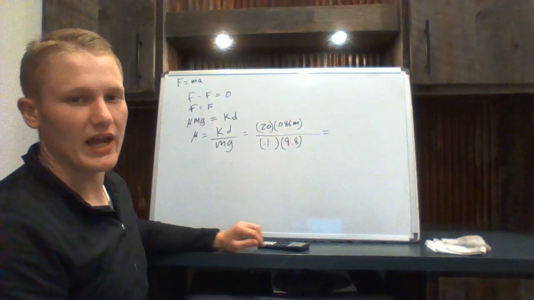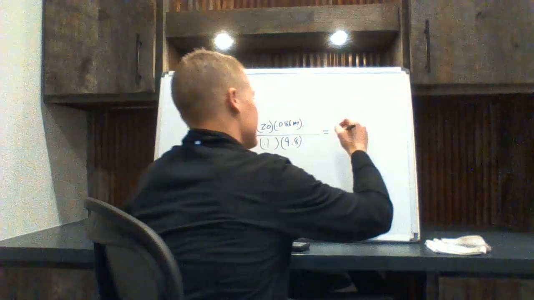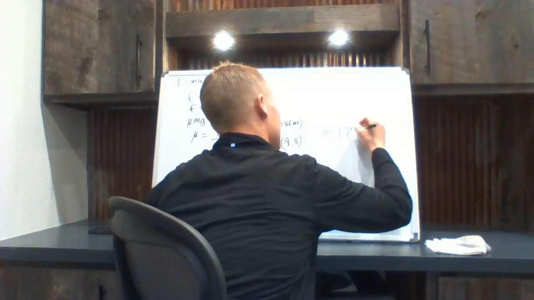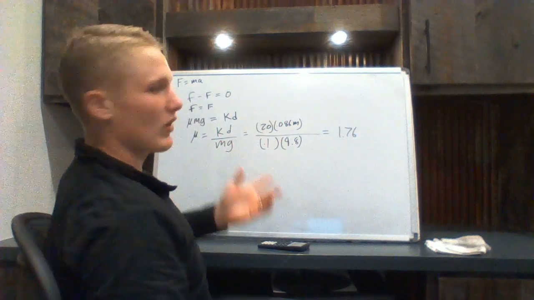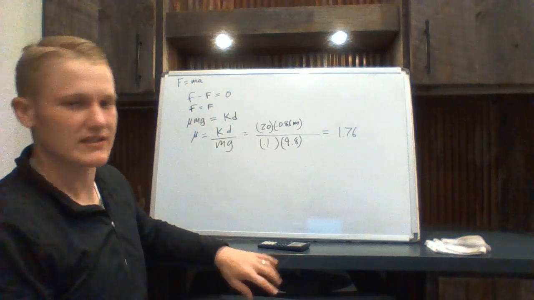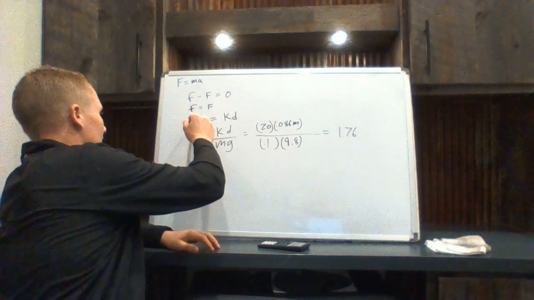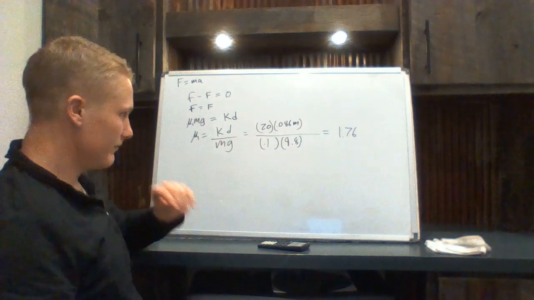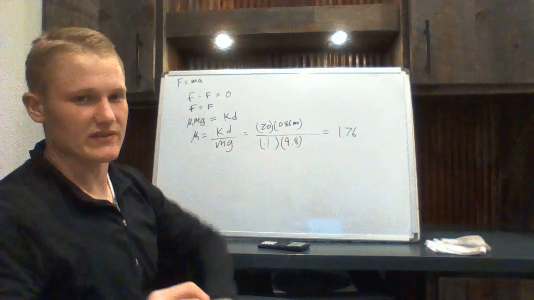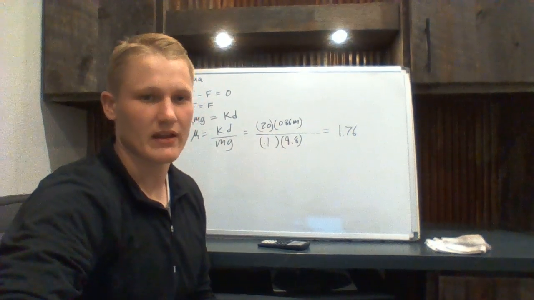And when you run that through your calculator, you're going to come out with 1.76 as your coefficient of friction. I think it's a static friction. I didn't specify that. So your static friction coefficient is 1.76.